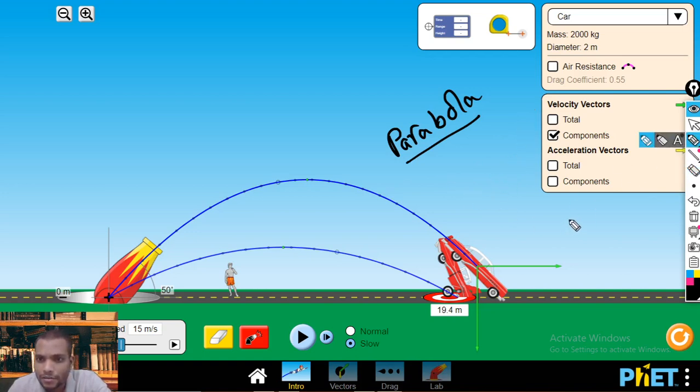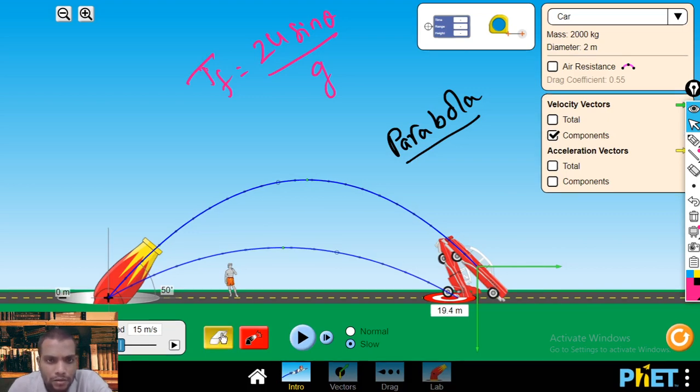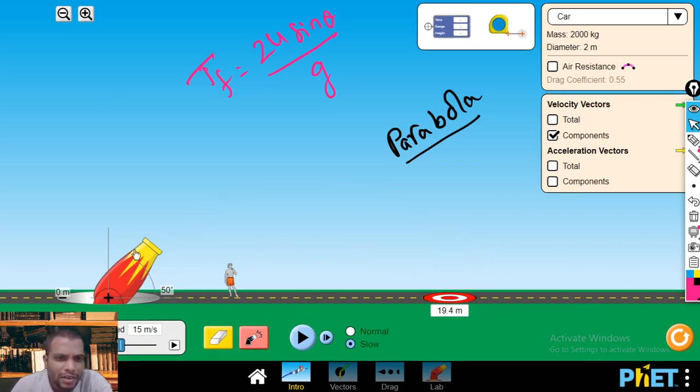After that we derived the time of flight. Time of flight equals 2u sine theta upon g. It is the time taken by the projectile from launching to when it lands on the horizontal.